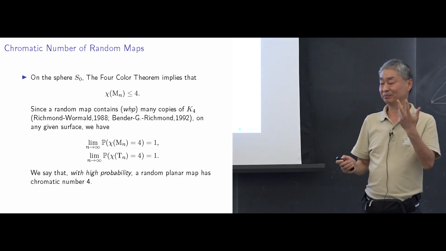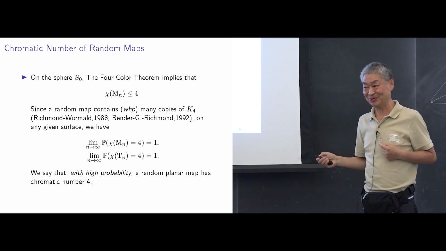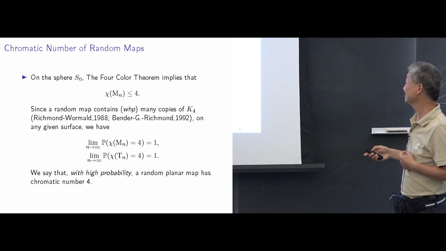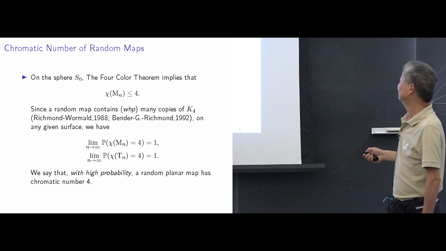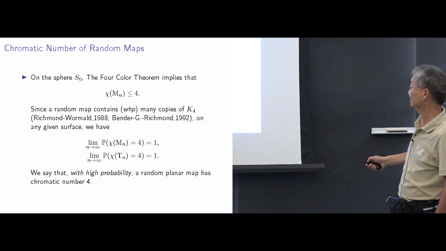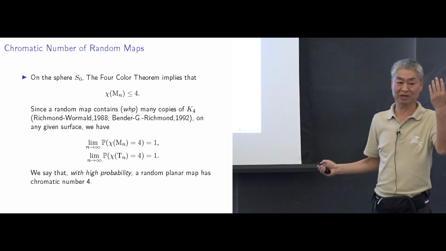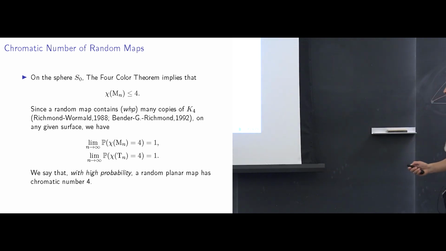It turns out that the probability a random map has chromatic number 4 is equal to 1. The reason is that a random planar map with high probability, or high probability simply means that as the size of the map n goes to infinity, the probability approaches 1. That's what we mean by high probability, okay?